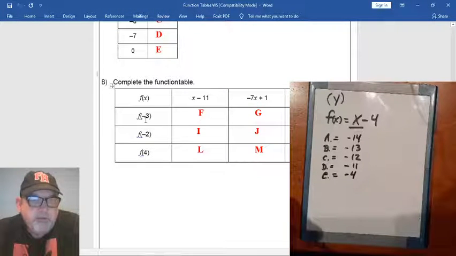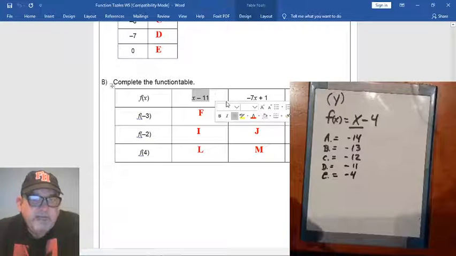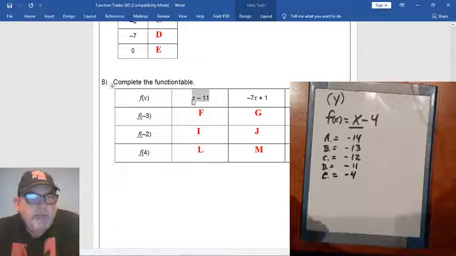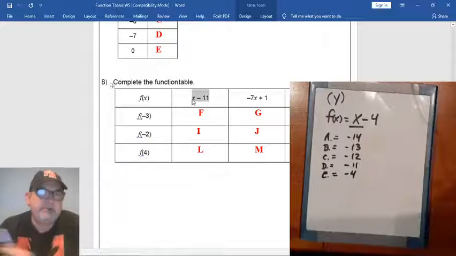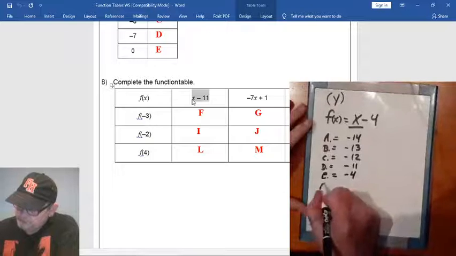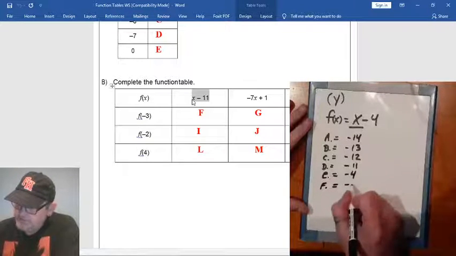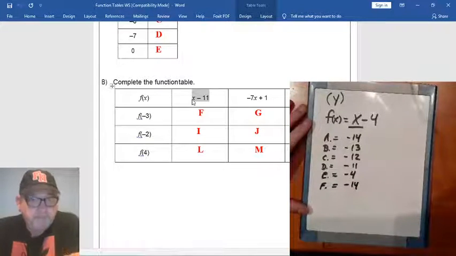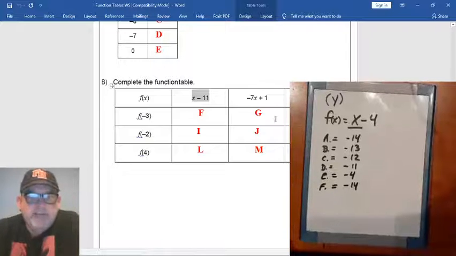We'll go in order. So we're going to replace this x with negative 3. And what we end up with is negative 3 minus 11, which is negative 14. Okay?